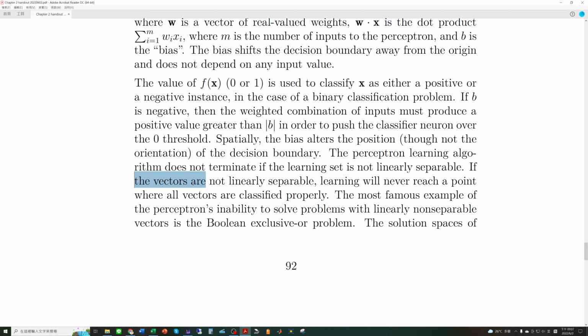If the vectors are not linearly separable, learning will never reach a point where all vectors are classified properly. The most famous example of the perceptron's inability to solve problems with linearly non-separable vectors is the Boolean exclusive OR problem.